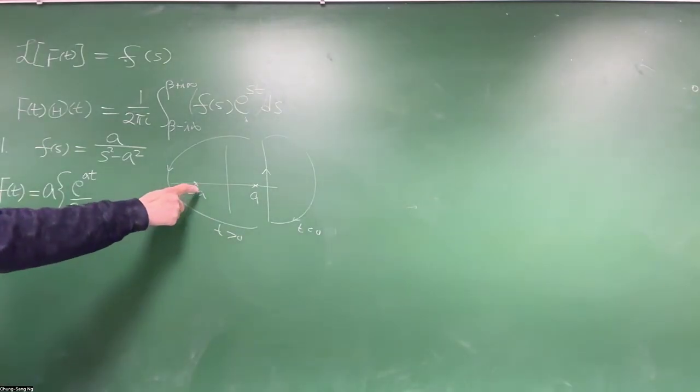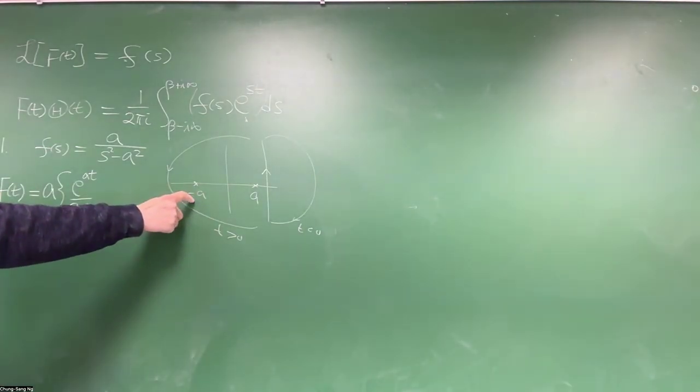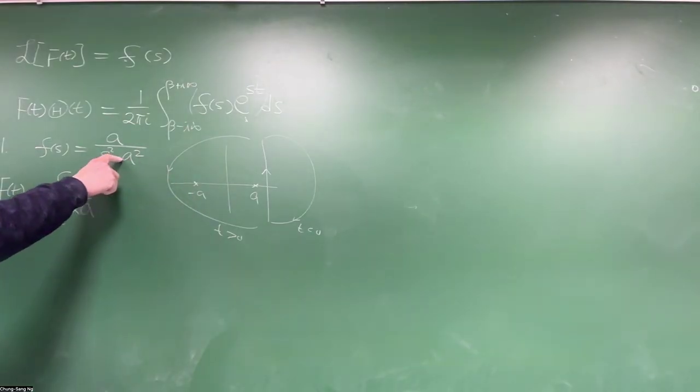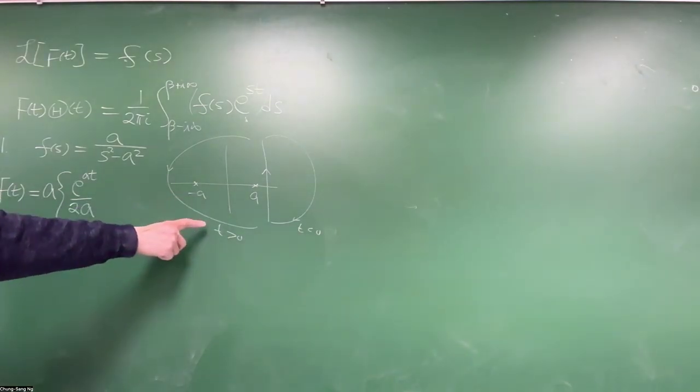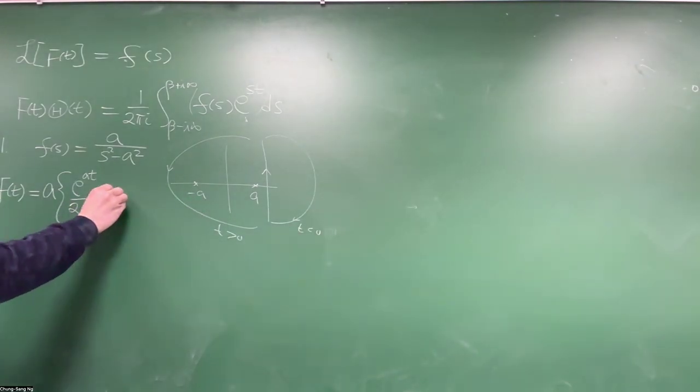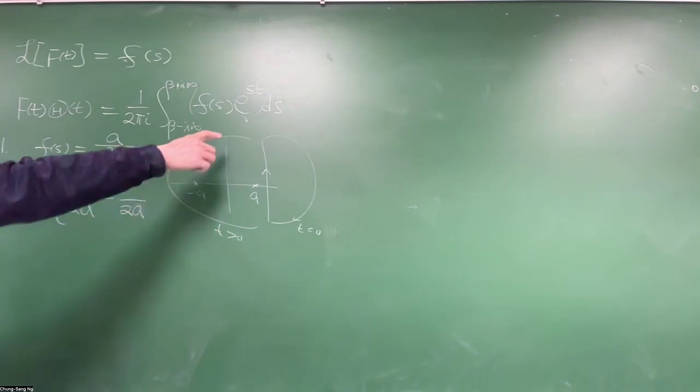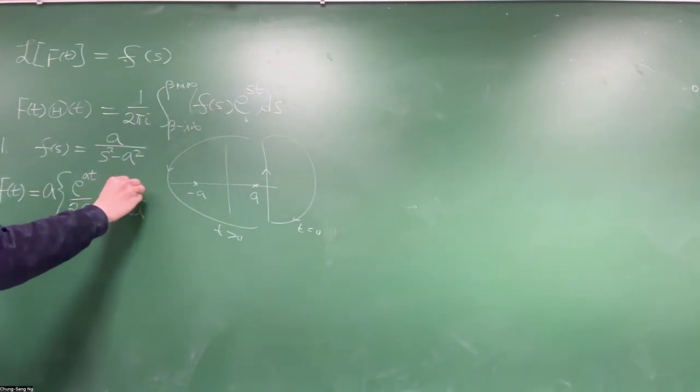The other residue is at minus A. You multiply by S plus A, so you only have S minus A in the denominator, and evaluating at S equals minus A, you get minus 2A in the denominator. And the exponential function becomes e to the minus A t.